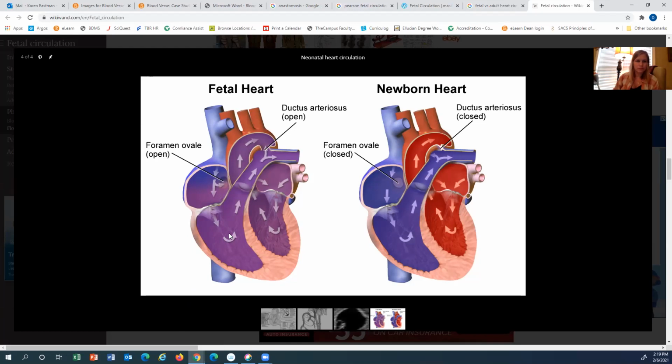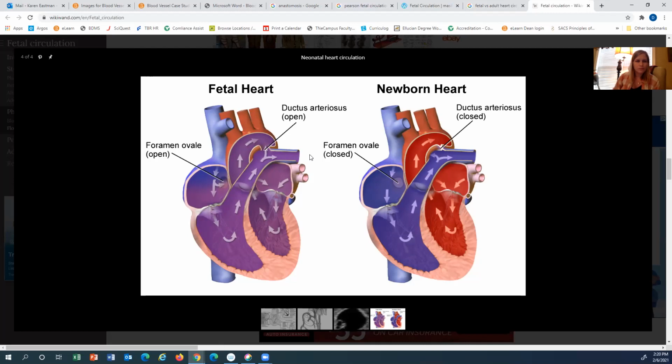From right ventricle, then we're going to go out through the pulmonary trunk to the pulmonary arteries and then to the lungs. Now, in a fetus, there's really no point in sending this blood to the lungs because the fetus is not breathing oxygen, the lungs are not picking up any oxygen, and we're not going to be dumping off any carbon dioxide.